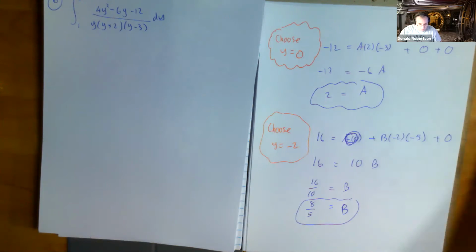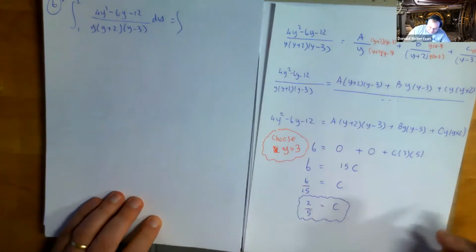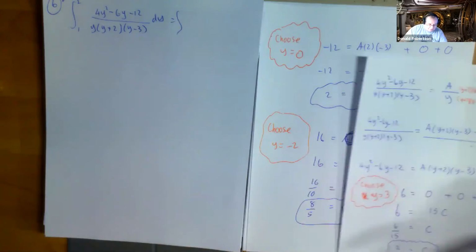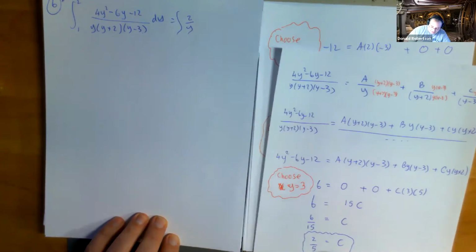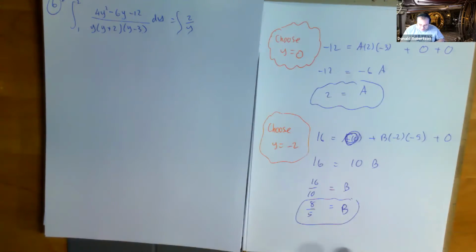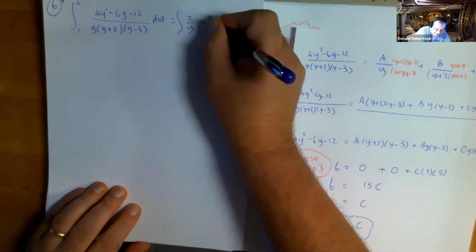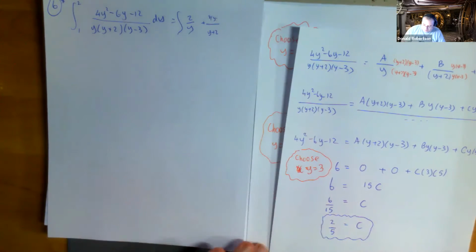So we now know who A, B, and C are. A is 2. So 2 over y. That was A. B comes next, and B is 8/5. So it's 8/5 over y plus 2.